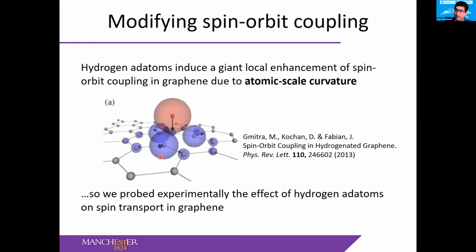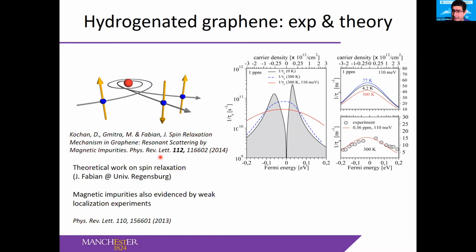This is something that many people in the field started to explore. Among those, my colleagues and I, in my former lab at the University of Groningen, in the group of Bart van Wees, explored the result of this functionalization of graphene using hydrogen, and realized that the Fermi level dependence of the relaxation rates was in agreement with the modeling performed by Jaroslav Fabian and his team.